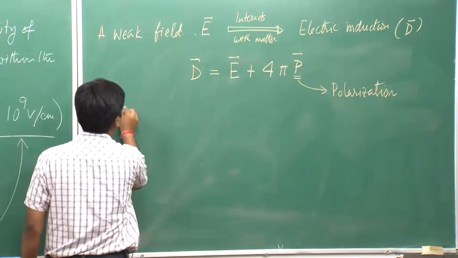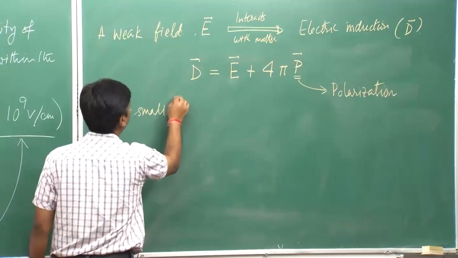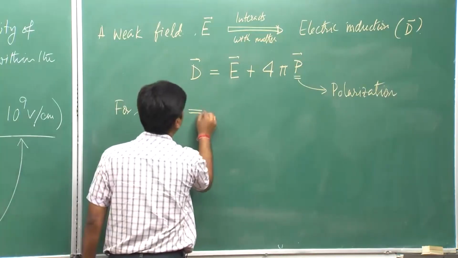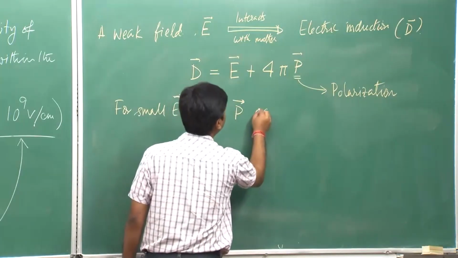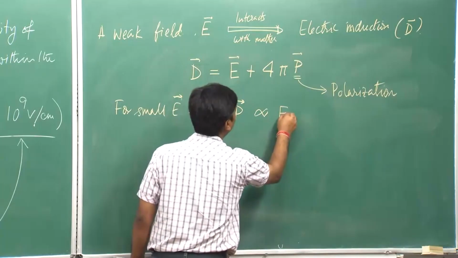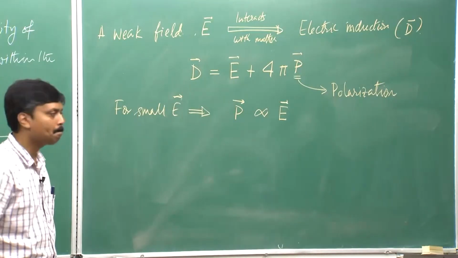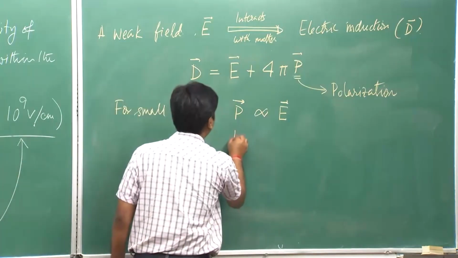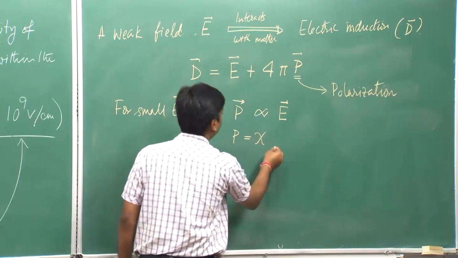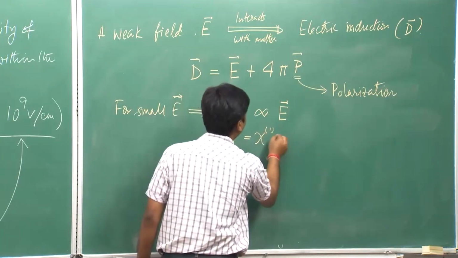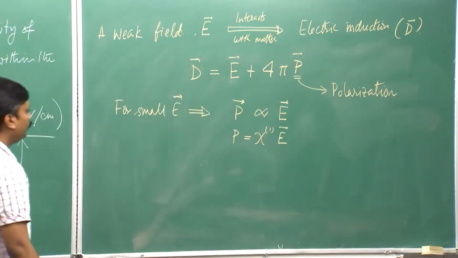All right. Now, if it is really a weak field, that means E is small, what do we have? For small E, this polarization P is proportional to the input electric field intensity E, and I can write it as an equality.